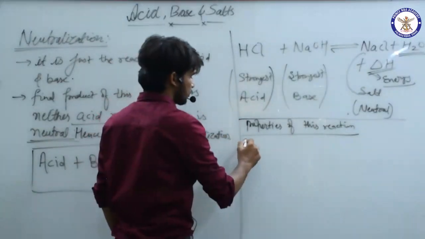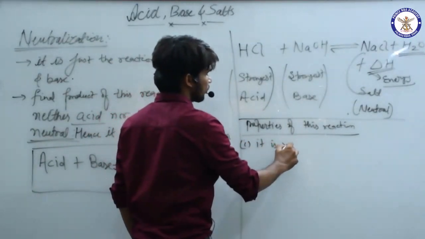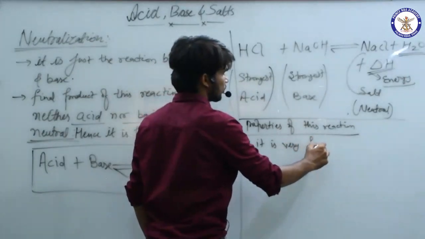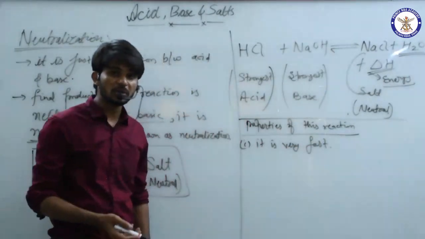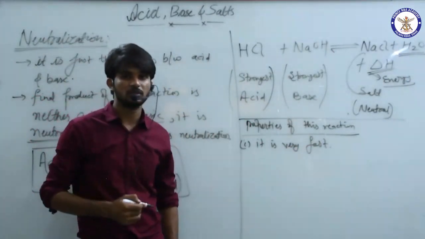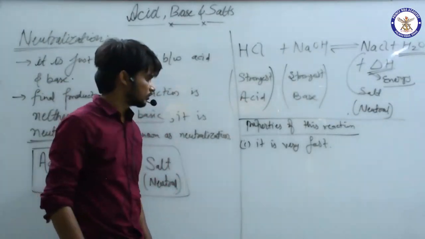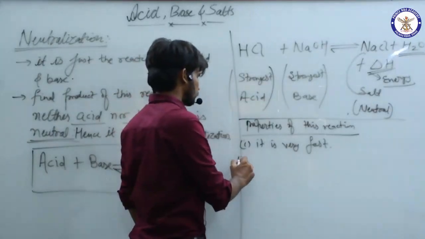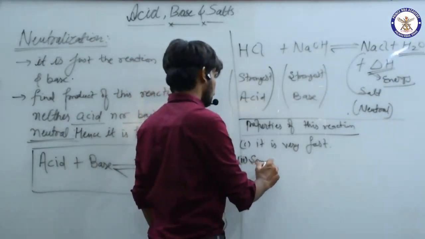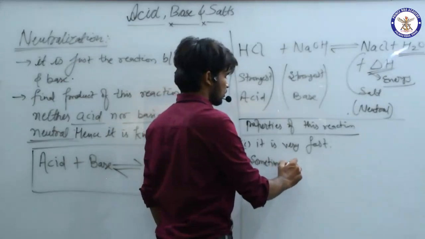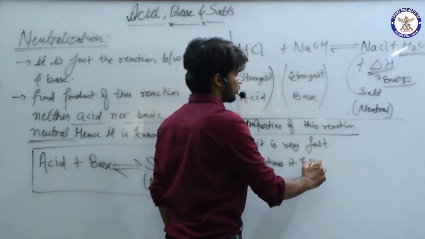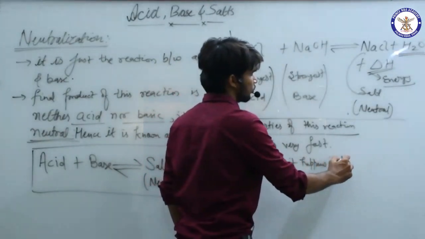The first one is it is very fast. Sometimes it does not take even seconds, it happens in a fraction of a second. Second, sometimes it happens in a dark room also.